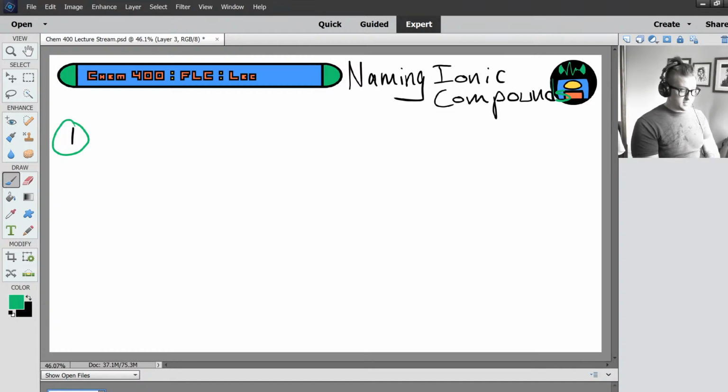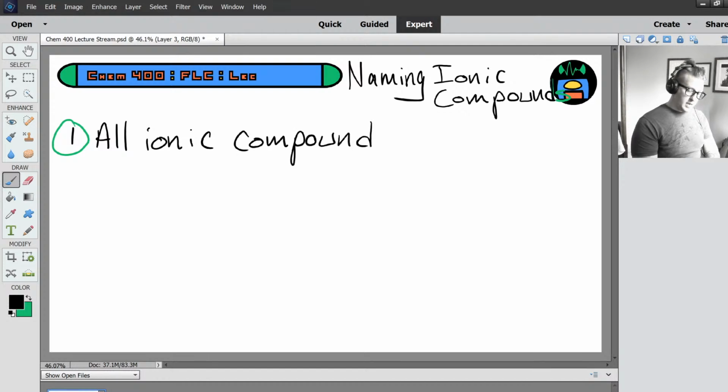The first is: all ionic compounds are net neutral. Right, that is the first principle.